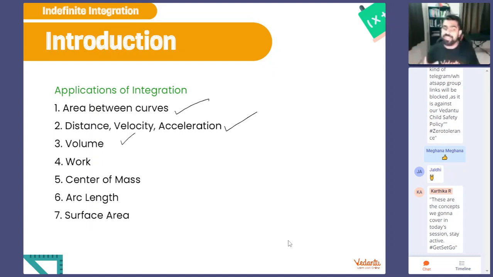But if I give you a random shape, let's say this water bottle, find the volume inside, man. Can you do it? Sir, can I assume this to be a cylinder? That's what we'll do, right? But guys, volume of an irregular object you have to find with the help of integration. So like that, integration has a lot of uses: center of mass, arc length, surface area, work, and so on. So these are all the applications. It is a very important topic to learn. I hope now you've realized that, isn't it?